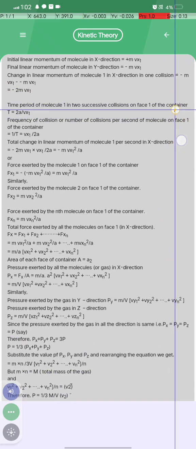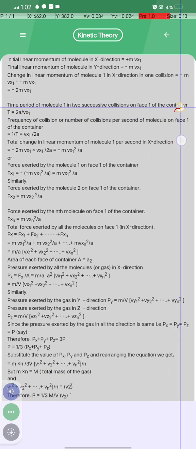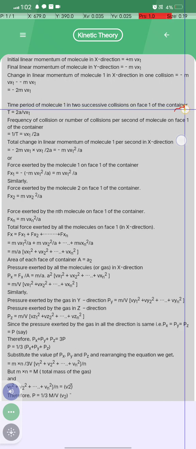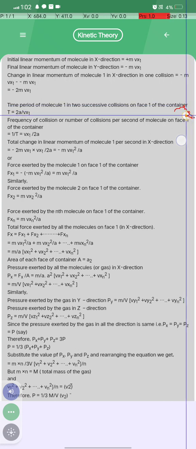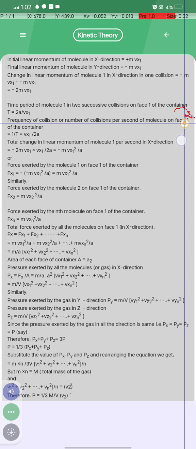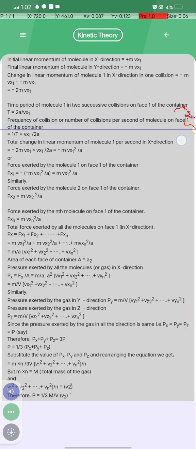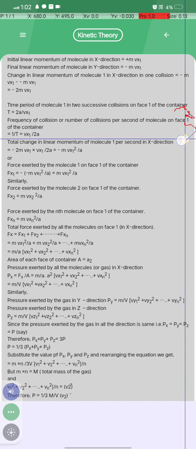The time period of molecule 1 between two successive collisions on face 1 of the container is t, which is equal to 2a by 2vx1, that is 2a by vx1. The frequency of collision, or the number of collisions per second of the molecule on face 1 of the container, is 1 by t, equal to vx1 by 2a.